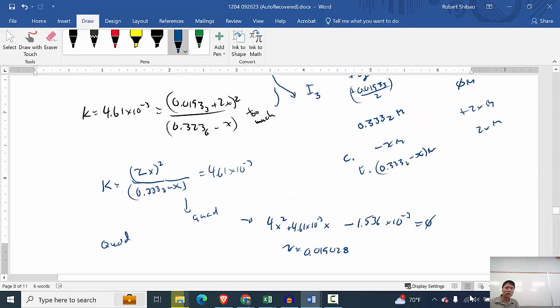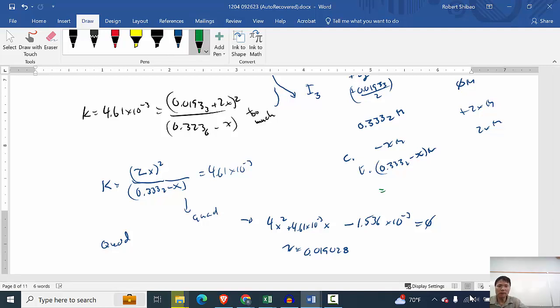All right, then let's plug it back in here and see what the concentrations come out to. So I'm going to have 0.3332 minus 0.019028. I carry extra digits here because when I do the double check, I don't want round off error to throw me off.